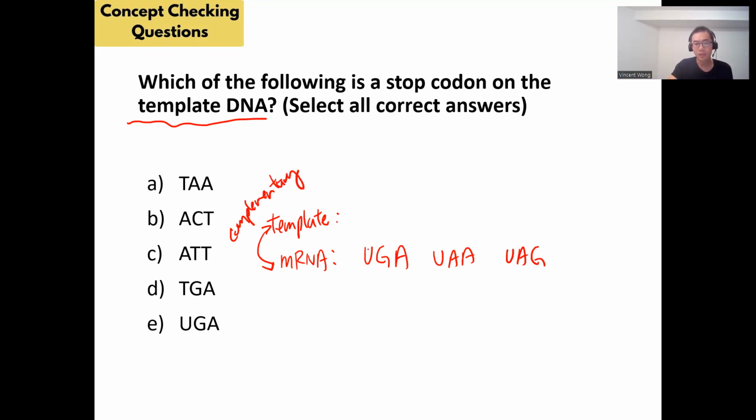So U is going to be A on the template, then CT, ATT, ATC. So we're looking for this. There you go: ACT and ATT. The answer is B and C, because we're looking for the template DNA.